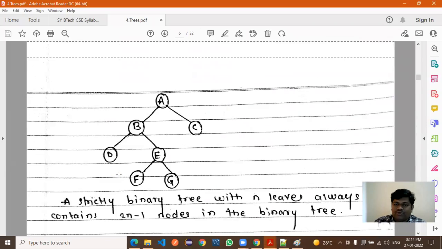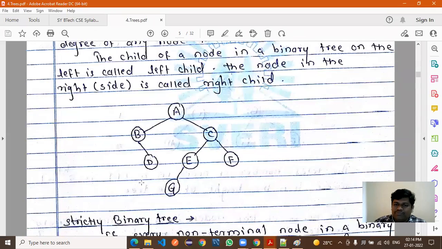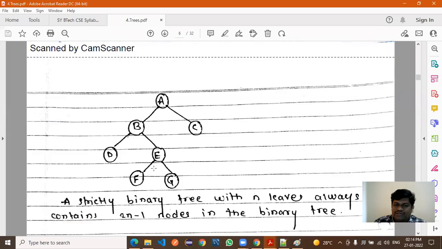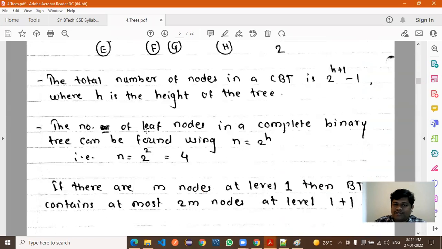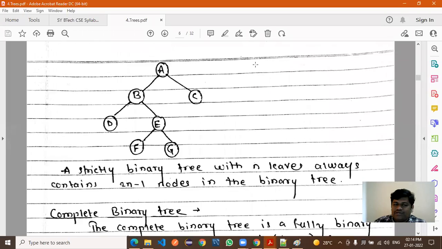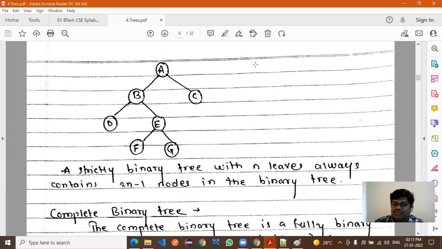Now, how many types of binary tree have we discussed? One is our simple binary tree, right? After that, the strictly binary tree, and next one is the complete binary tree. Now, what is the difference between the complete binary tree and the strictly binary tree?